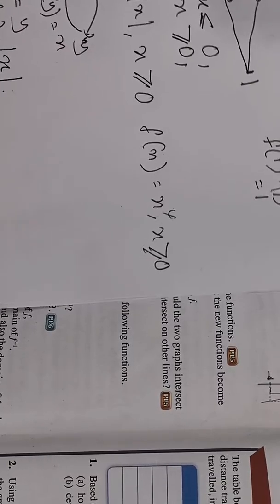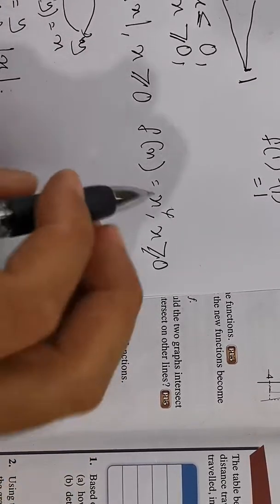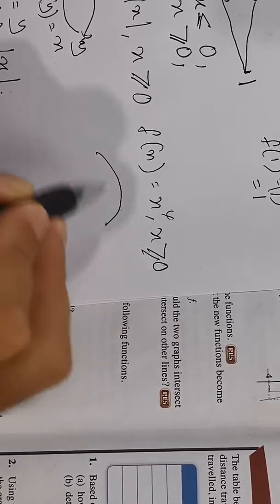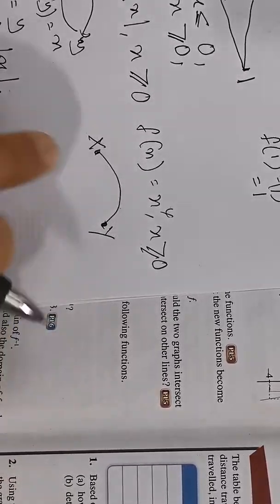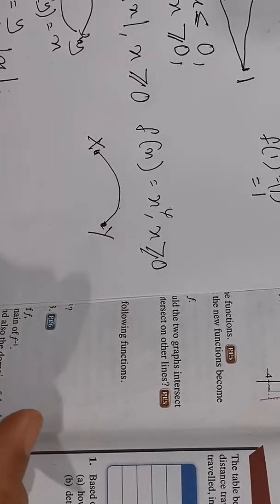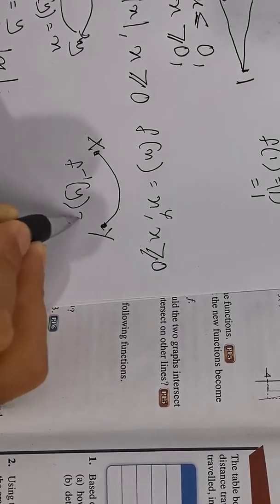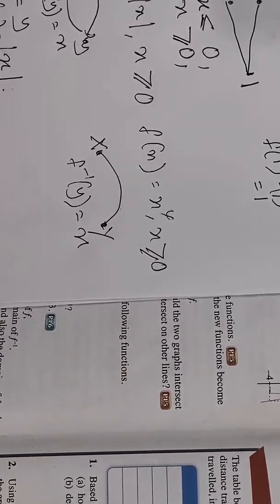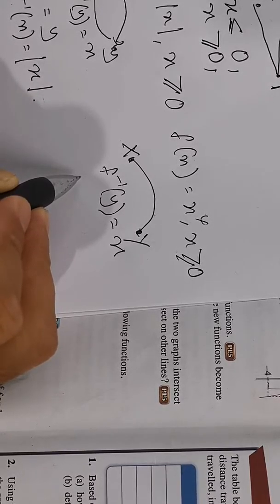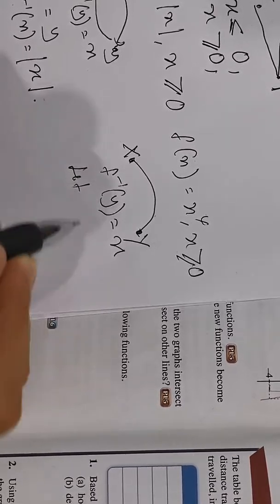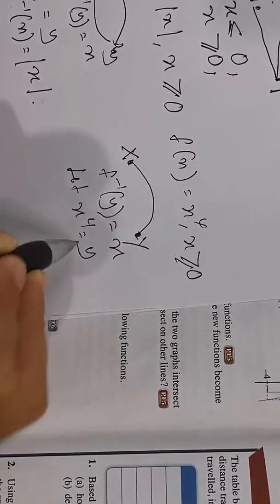But then the second one, x to the power of 4. Similarly, x here, y there, object and image. So the inverse of y will map to x. So let x to the power of 4 = y.